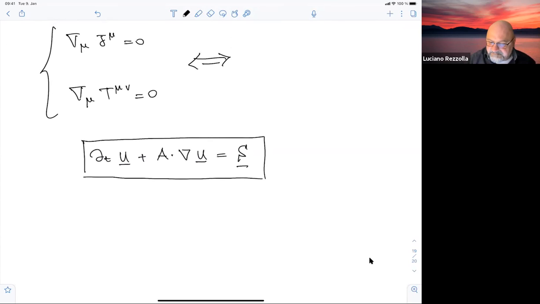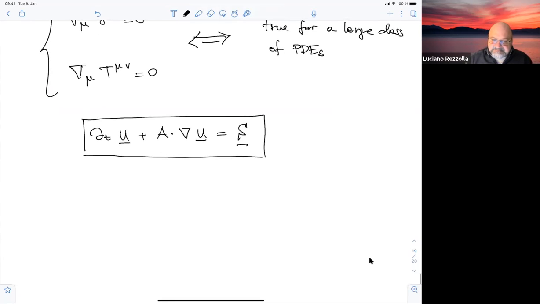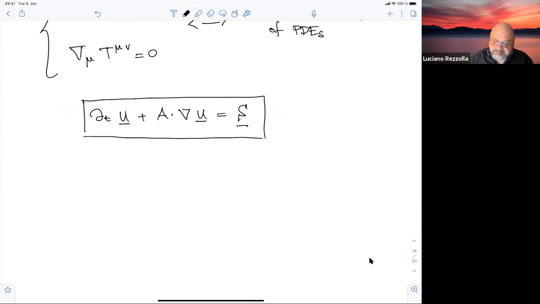In general, this is true for a large class of partial differential equations, PDEs. So you can write, it's not straightforward, but you can do this. You can write these four equations into an expression of this type, where you have a vector u, which is called a state vector. You have another vector s, which is called a source vector.